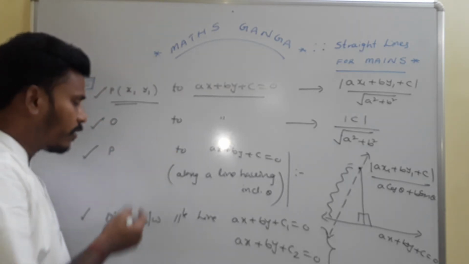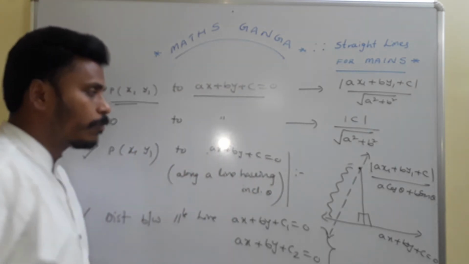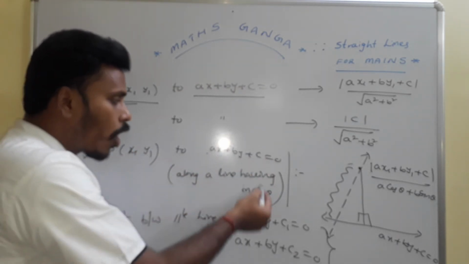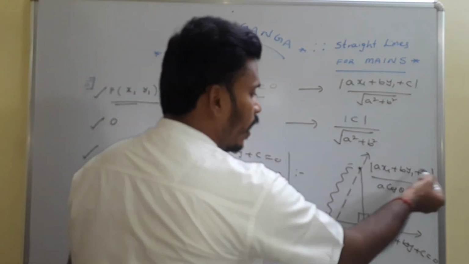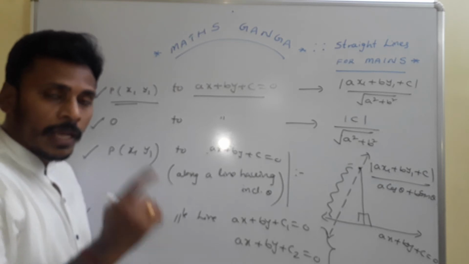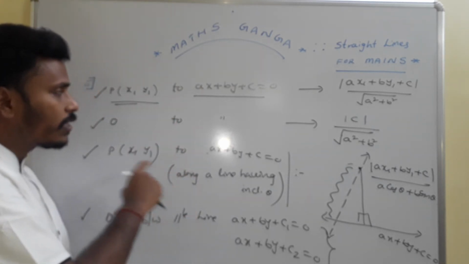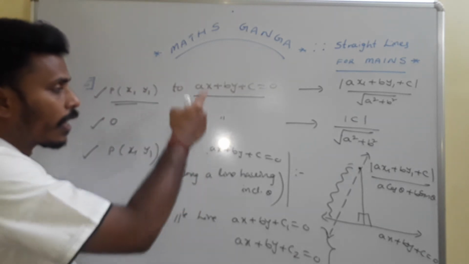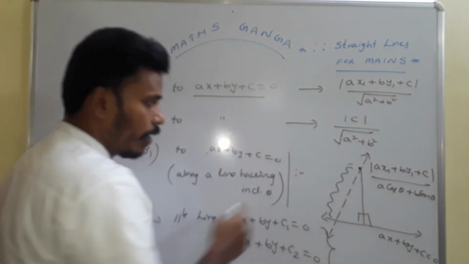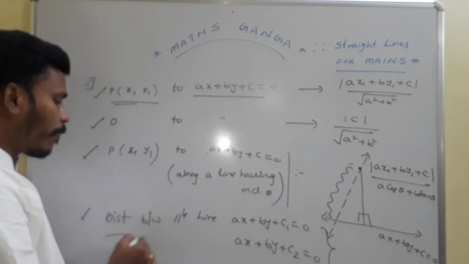You need to memorize it. Related to the distance from a point to the lines, we have three different formulas. Along with this, I have one more thing, the distance between parallel lines.